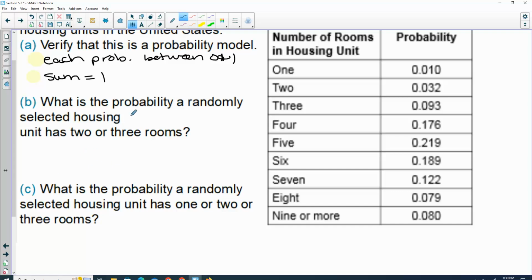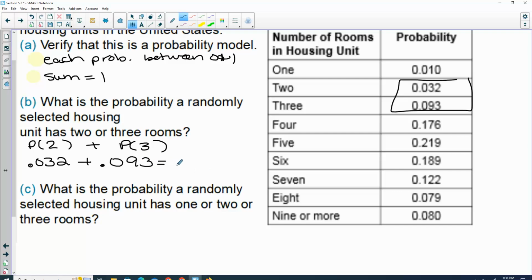Part B, what's the probability a randomly selected housing unit has 2 or 3 rooms? Can it have both 2 and 3? No. So all we have to do is the probability of 2, or means plus the probability of 3. So the probability of 2 is 0.032, plus the probability of 3.